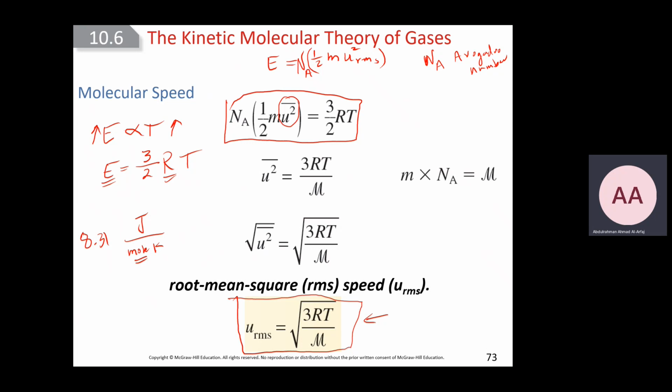R is the gas constant, using joule per mole Kelvin, T is the temperature, and M is the molar mass, but I want it to be in kilogram, not in gram, and that's why you have to multiply the mass by 10 to the power minus 3 to make it kilogram.